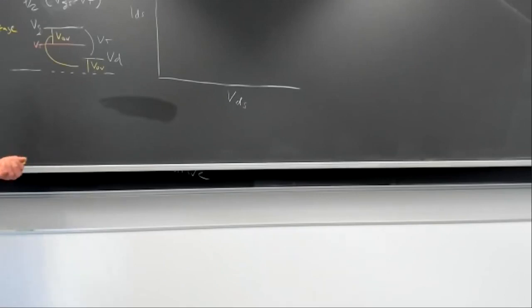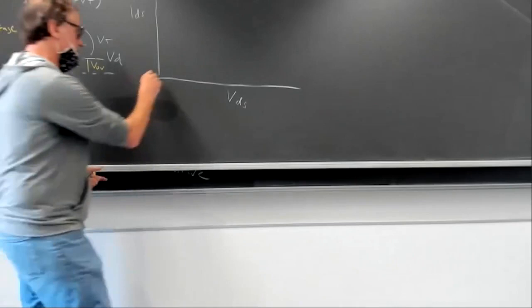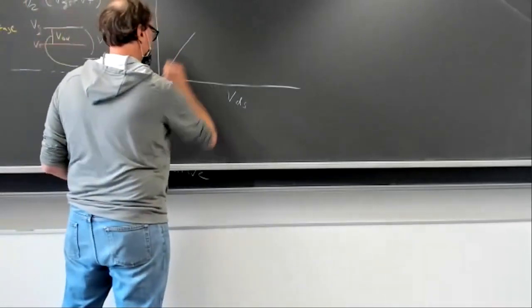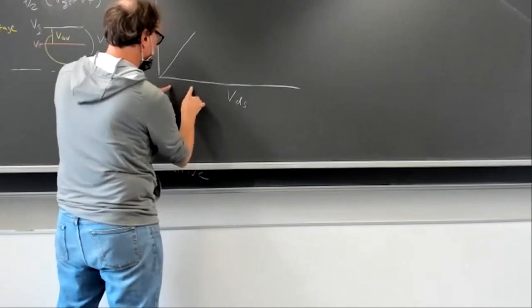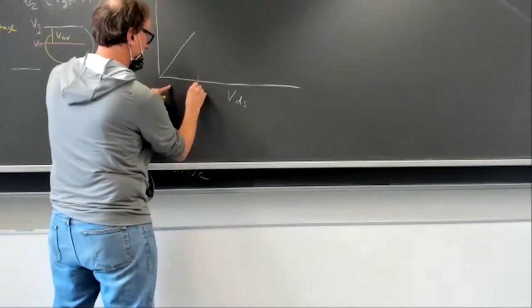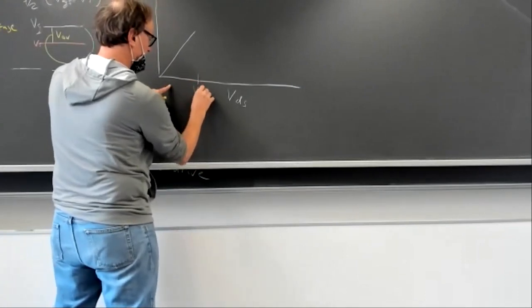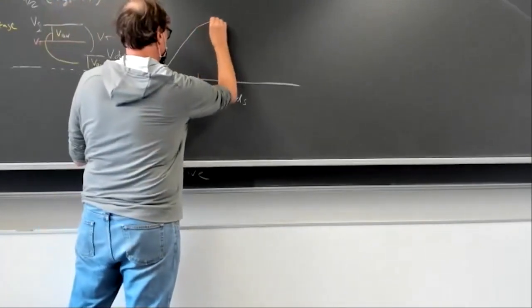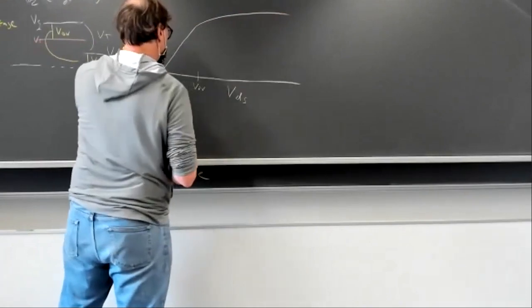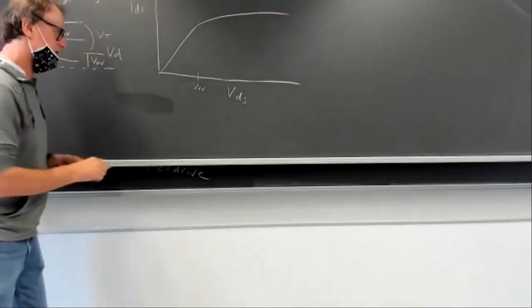How much does it change when the drain source voltage is small? That's the equation we drew before, the ohmic region, so it'll go like this. Now, when we reach this overdrive voltage, the current won't increase anymore. It will saturate. That's what happens. This is the ohmic region.